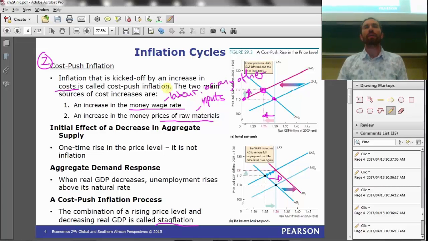What would increase the costs of borrowing? Obviously, if our interest rates increase, that would increase the cost of borrowing. You with me? What about if we are using oil? What happens if we're importing oil and our exchange rate depreciates?